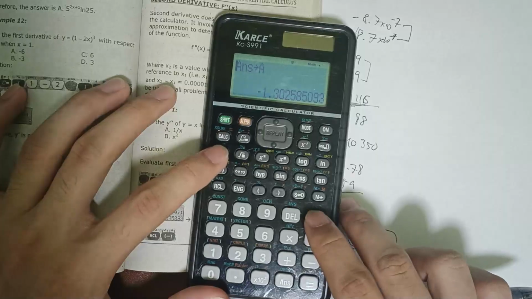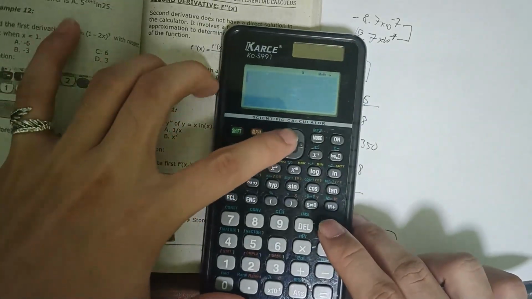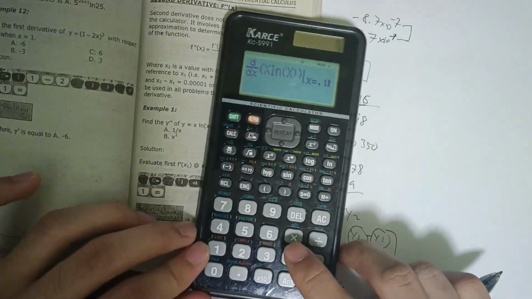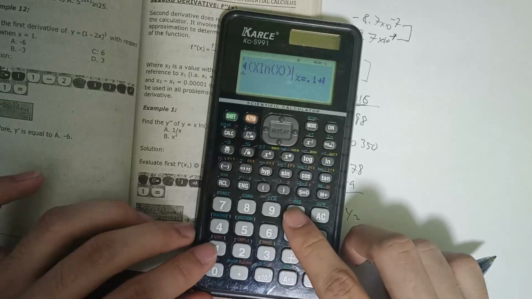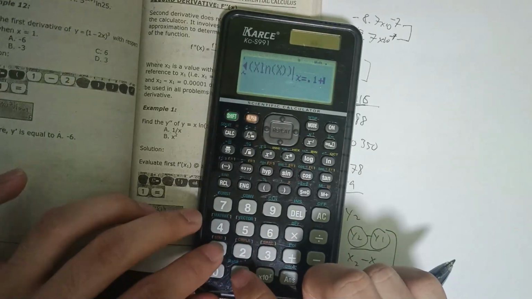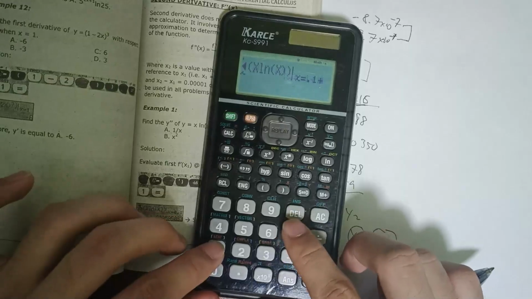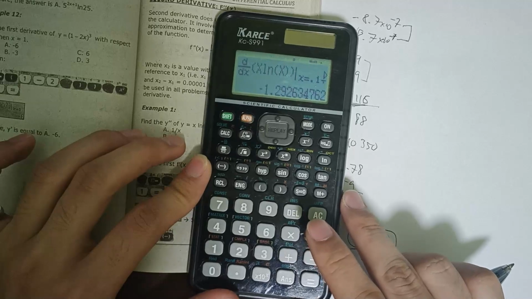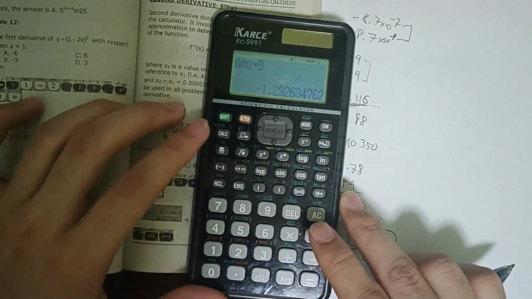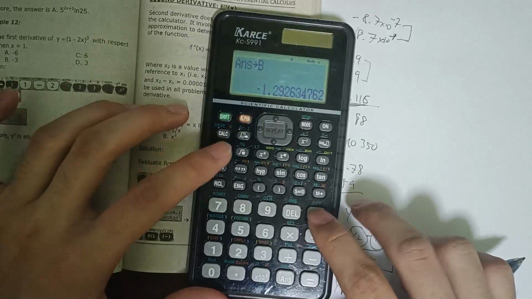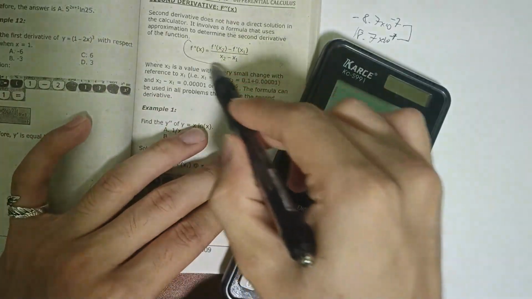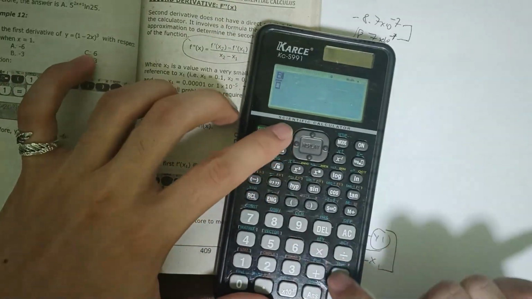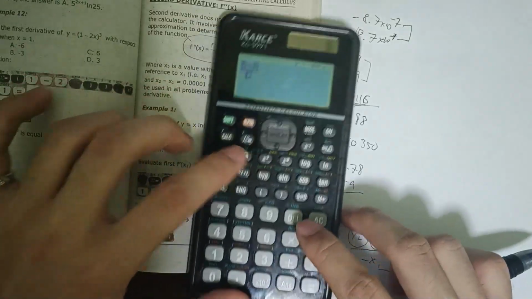Okay, and then do that again, but for our x that will be plus 1 times 10 raised to negative 3. Okay, equals, shift store to B. Okay, then we will use this formula, B minus A over the increment we used.